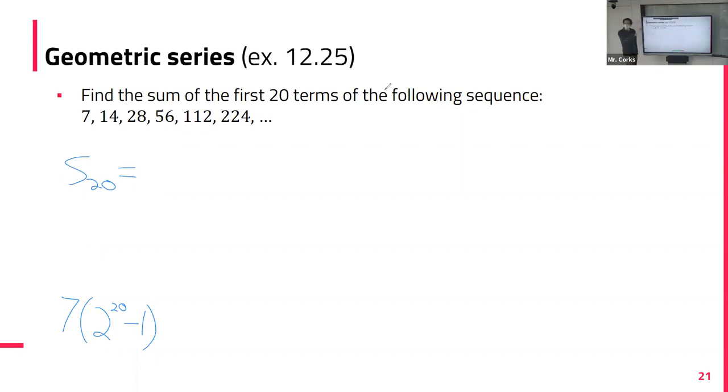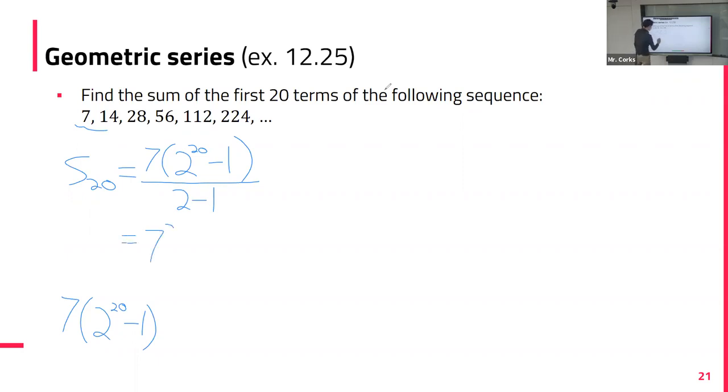So our first term is 7. Inside our brackets, we'll have R, which is 2, to our exponent n, which is 20, minus 1. And on the bottom, R not to the exponent, just R minus 1, which is 2 minus 1. So that's just 1 on the bottom.